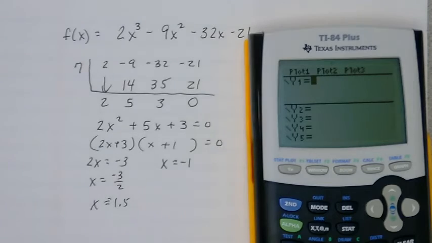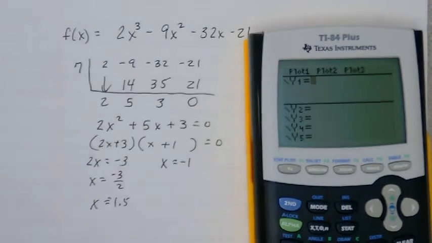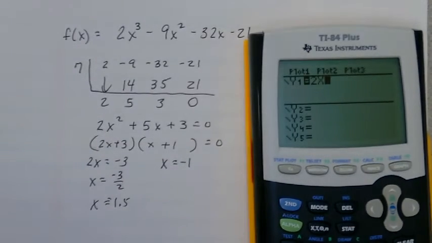Let me try this again here. This is a different calculator. So I'm going to type in 2x cubed minus 9x squared minus 32x minus 21.